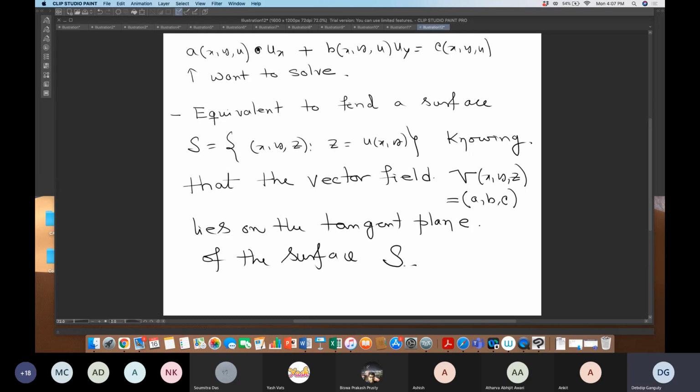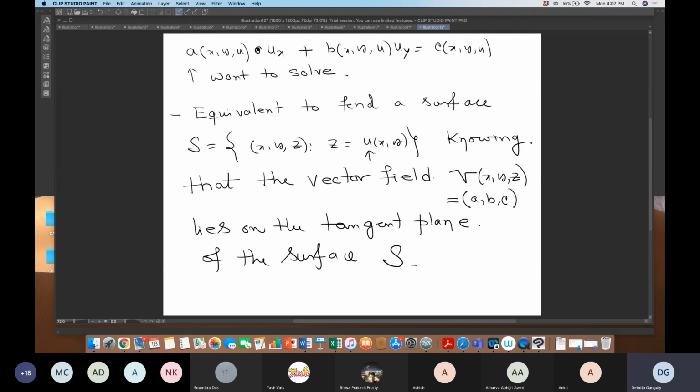We want to solve this PDE, F of x, y, u, u_x, u_y. What is the unknown? u is the unknown, right? That is equivalent to finding the surface S. Of course, surface S means we have to find u, knowing that the vector field (a, b, c) lies on the tangent plane of the surface.